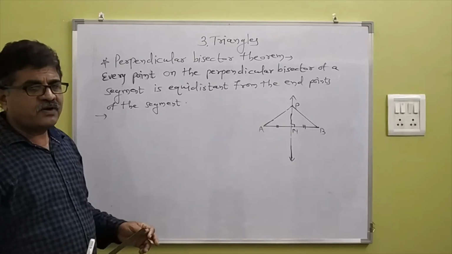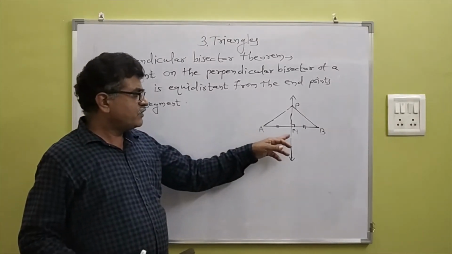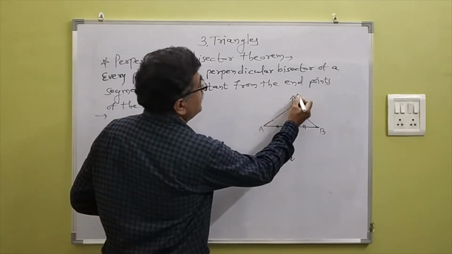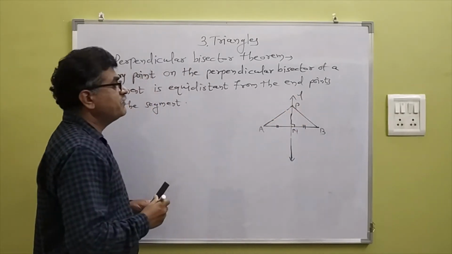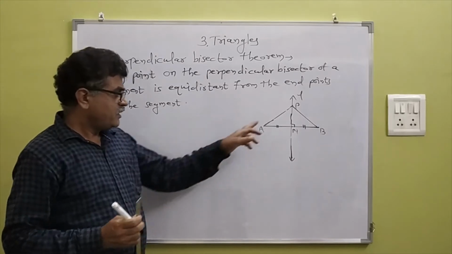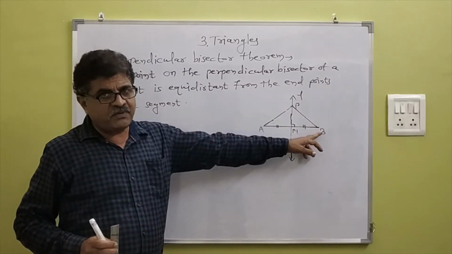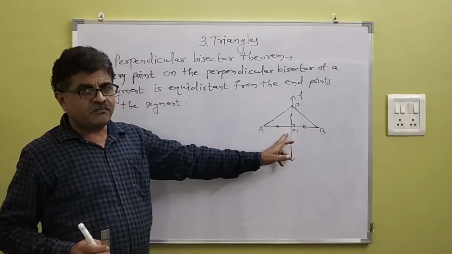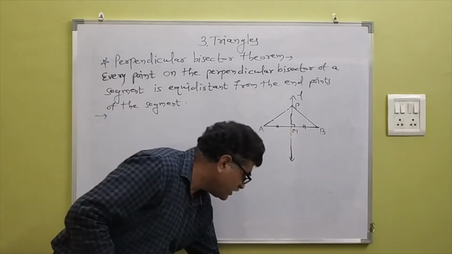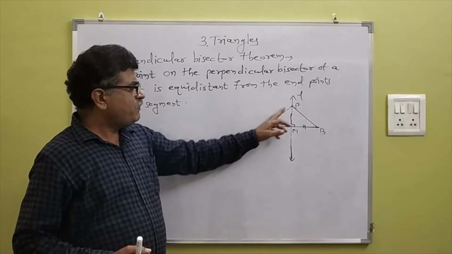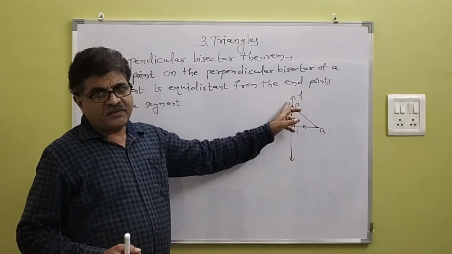Now first we have given line L is the perpendicular bisector of segment AB at point M. This is given. Now we have to prove AP is equal to BP.